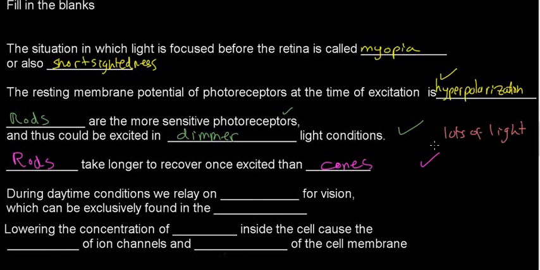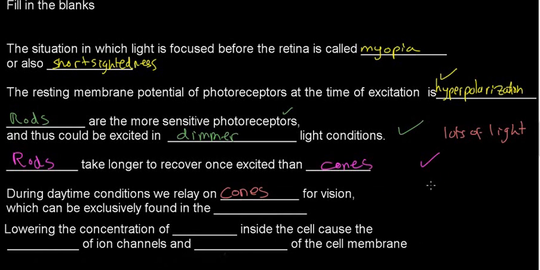And I know that in very lit conditions, rods are saturated. They're really not giving me any information. They're constantly hyperpolarized. So cones are giving me information. And we know that at daytime we see colors. So this makes sense all the more. So during daytime conditions, we rely on cones for vision. Very good, which can be exclusively found in the something.